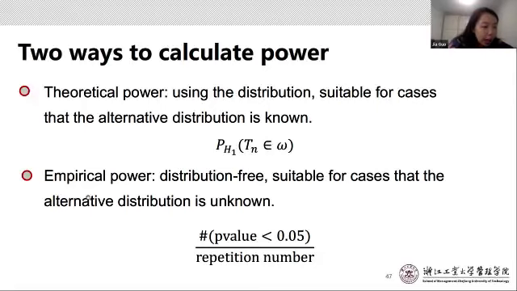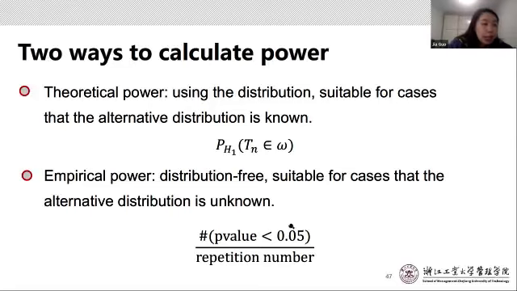However, we usually don't know the alternative distribution. So in this case, we use the empirical power to estimate the true power. This is suitable for cases where the alternative distribution is unknown. So it's a ratio.